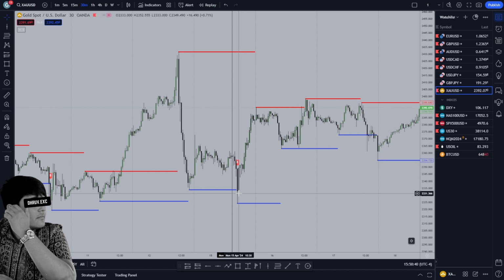I'm not saying to use this indicator only, because our main target is to find out the stop losses. Stop losses are the liquidity, and we are looking for the liquidity in the market. And you can trade anything with this: crypto, stocks, or forex.